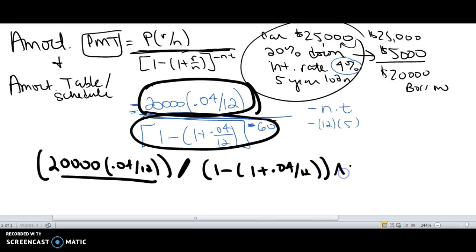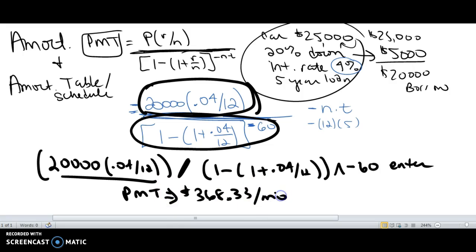Yep, and then raise that to the negative 60, and then I'm going to hit enter. Right, and I end up getting, what do I get here? I get 368.33, and that is my payment. So that's my payment per month. All right, so for my car, I'm going to have to pay that much per month.